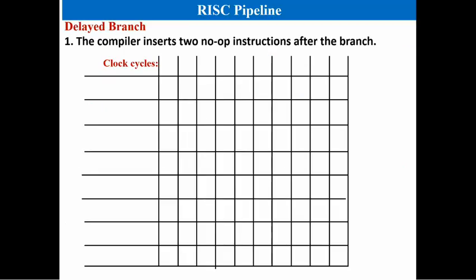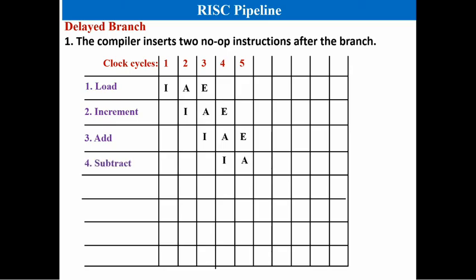How? We will see. In the first clock cycle, load R1 happens, and in the second clock cycle, increment. And in the fourth clock cycle, the second instruction is executed, the third instruction enters the A segment, and the fourth instruction enters the I segment.